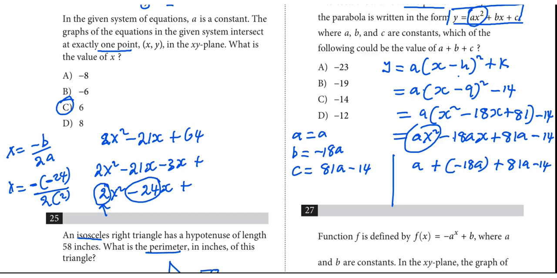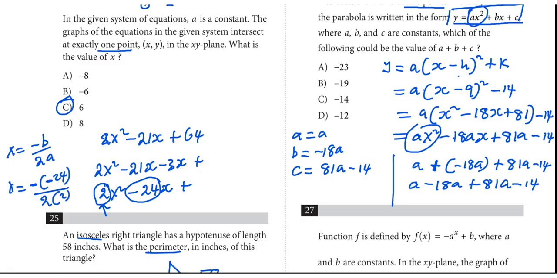So if we consider this positive and negative, positive negative 18a, automatically this will become negative 18a plus 81a minus 14.